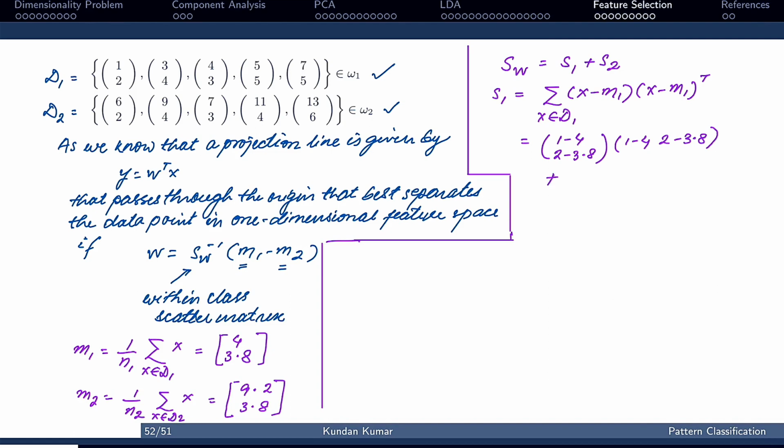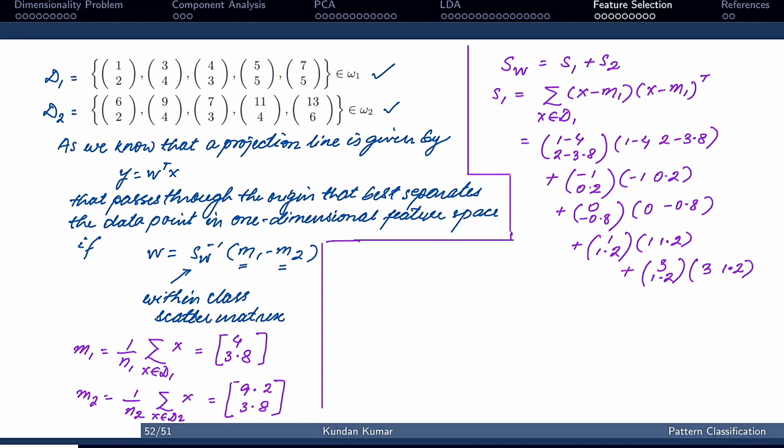So, when we solve it, it will be 20, 10, 10, 6.8. In the same manner, we can compute the scatter matrix S2.